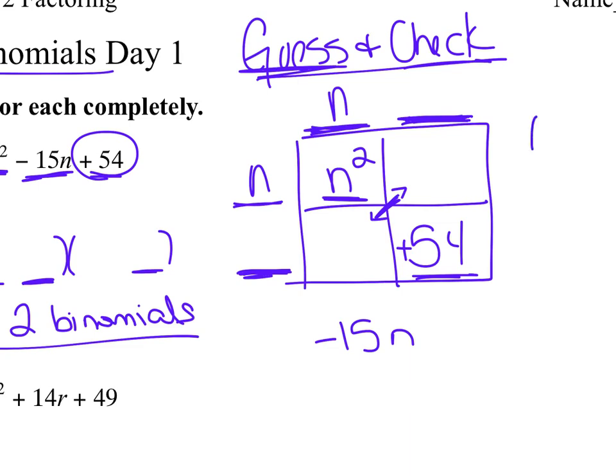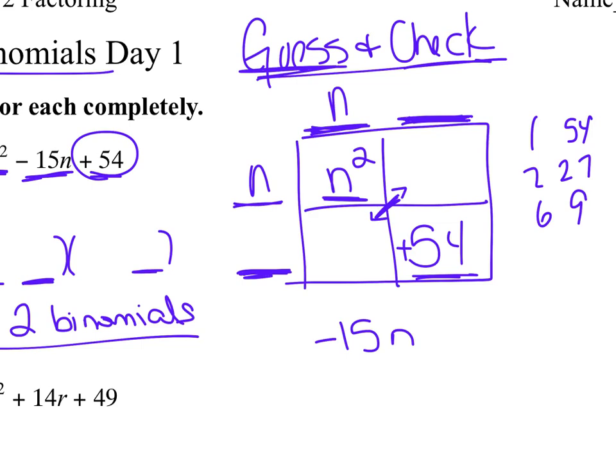So 54 is 1 and 54, 2 and 27, 3, nope, 4, no, 5, no, 6 and 9. Nope, that's it. Those are our factors.